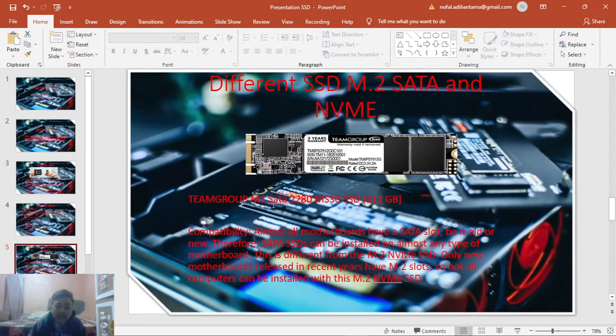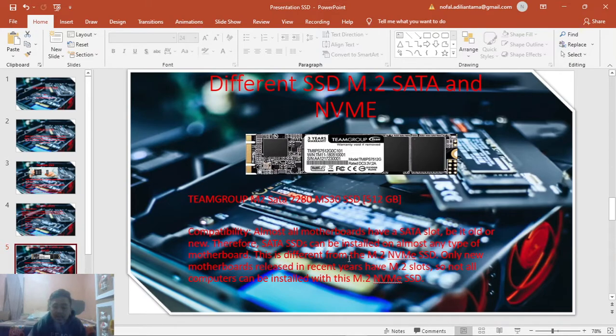The brand is Team Group M.2 SATA 2280 SSD 512 GB. Compatibility: almost all motherboards have a SATA slot, be it old or new. Therefore, a SATA SSD can be installed on almost any type of motherboard.